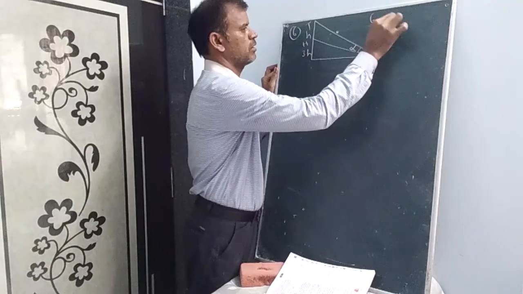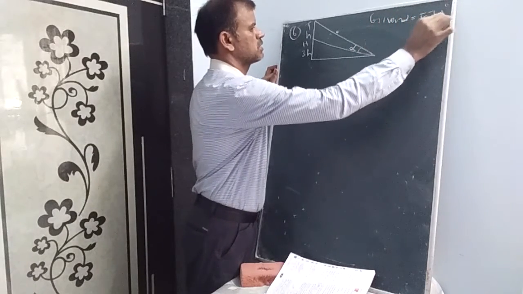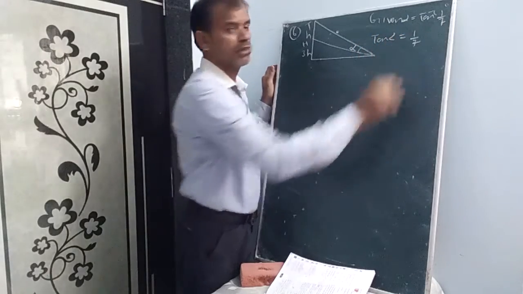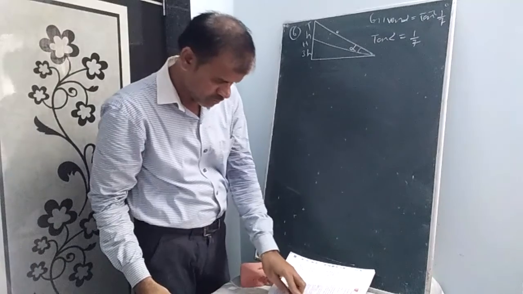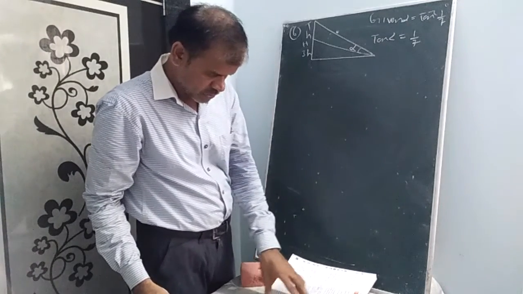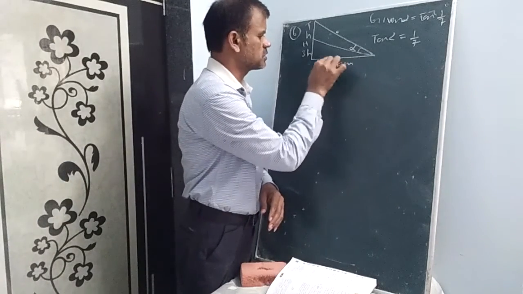Given alpha equals tan inverse 1 by 7, so tan alpha equals 1 by 7. Next, he has given a 2 kilometer distance.